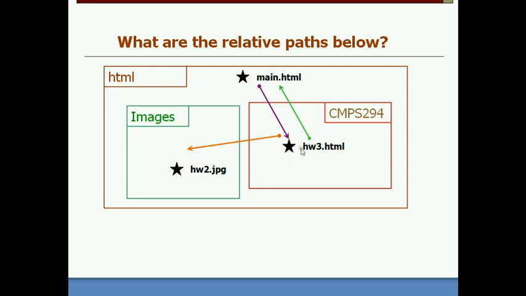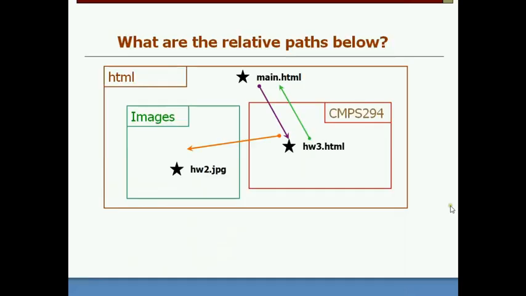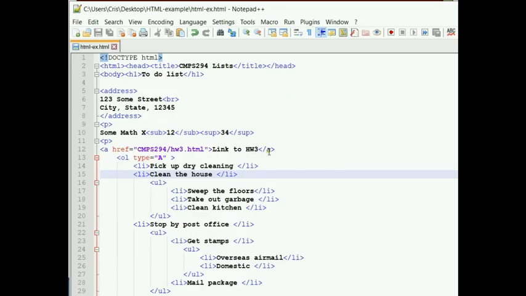But from here, if I have loaded this, I would have to go one directory up and then go down this way. So this would look something like this. Dot dot means up, then the images directory, and then a file in that directory.